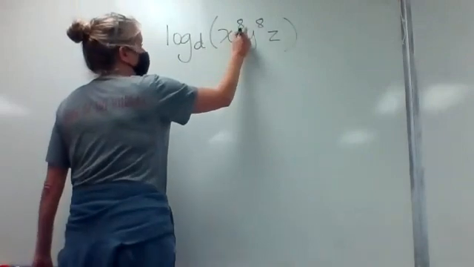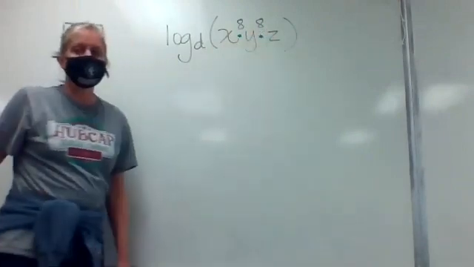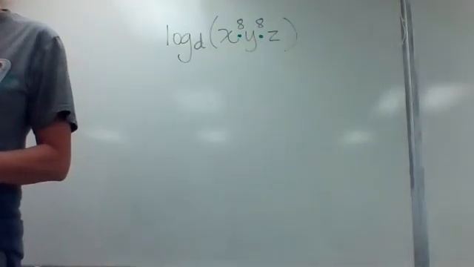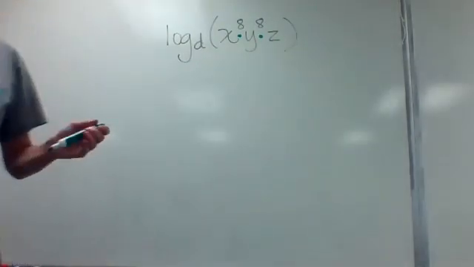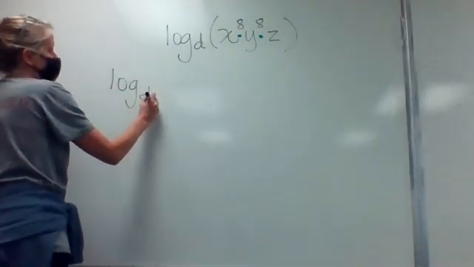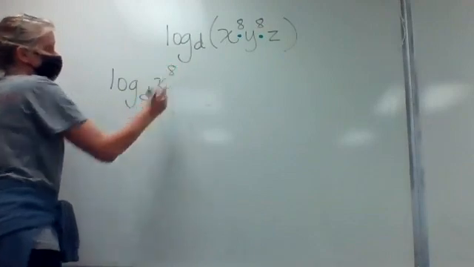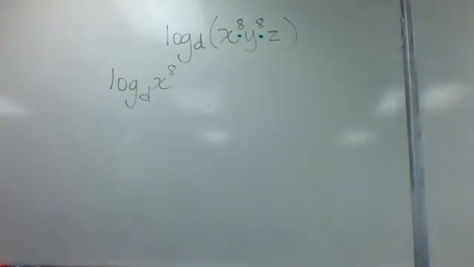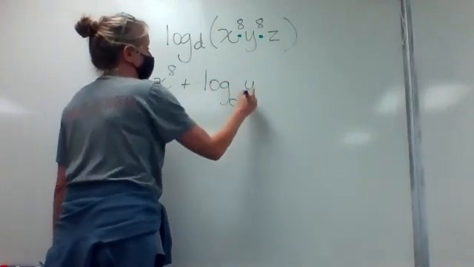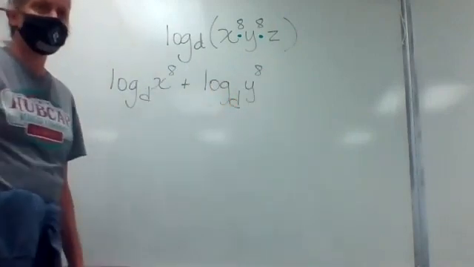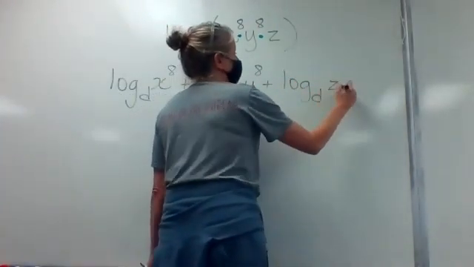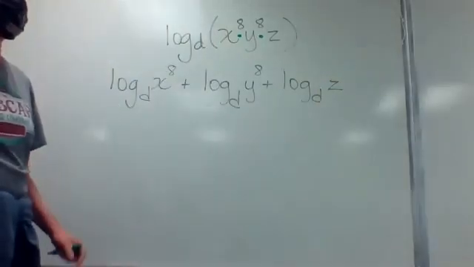So since these are all multiplied together in there, they're going to be rewritten as the sum. Okay, which means I'll have log base c of x to the 8th plus log base c of y to the 8th plus log base c of z. So rewrote those as the sum.